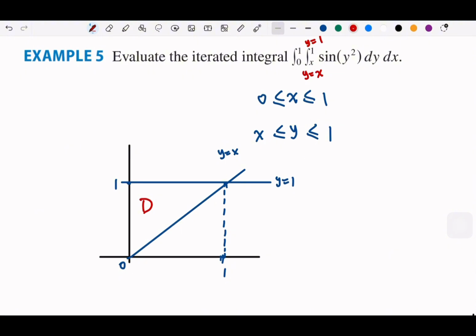So if we change the order of the integration, what we are going to do is make y our constant. So we are going to take 0 to 1 for y.